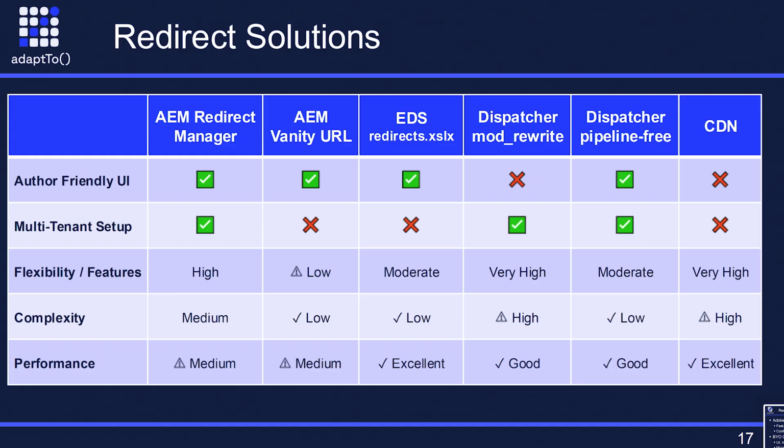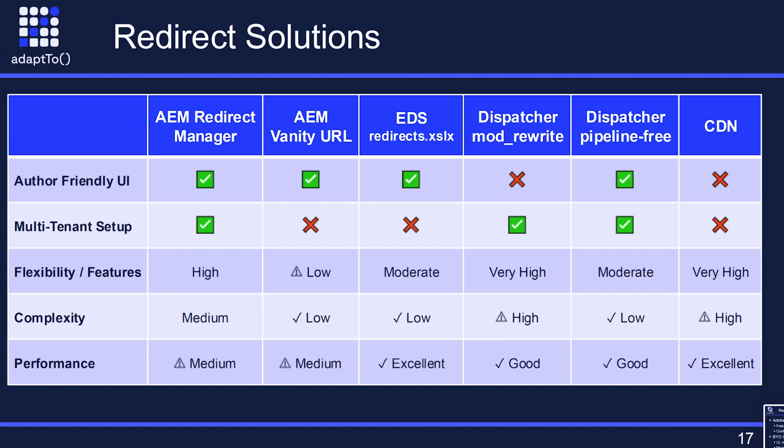So to sum it up, in terms of author friendliness, if you are working in AEM itself or in the EDS sheet, it's very author-friendly. Dispatcher Pipeline Free is also author-friendly because it uses the AEM layer. The multi-tenancy is actually given in Dispatcher Pipeline Free and in the redirect manager.